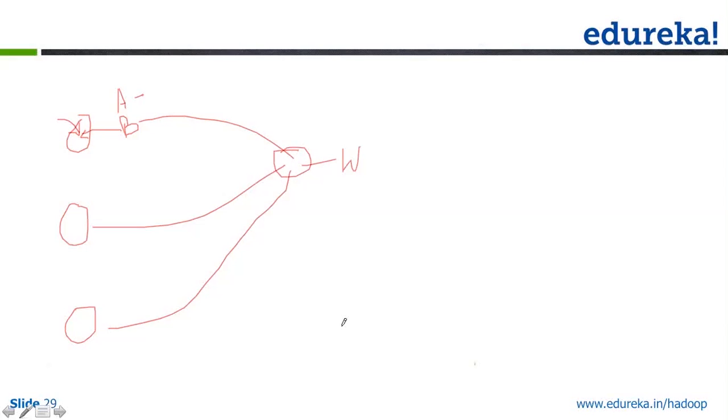Does everyone agree with this approach? This looks like a better approach, right? Okay, so this is what MapReduce is.